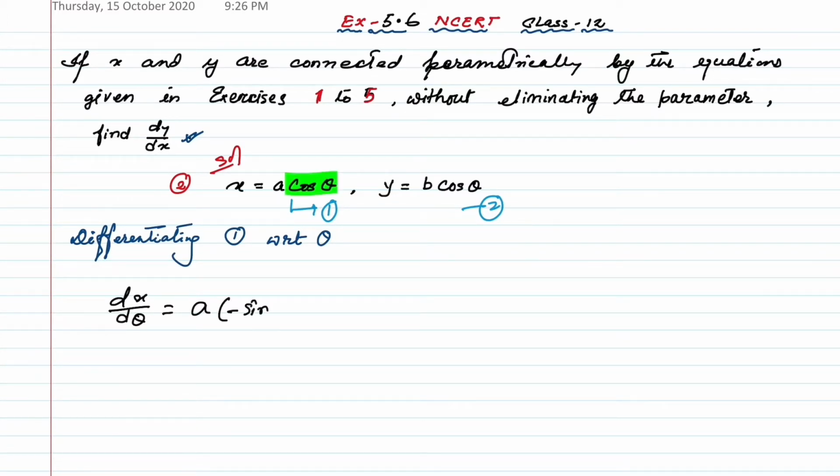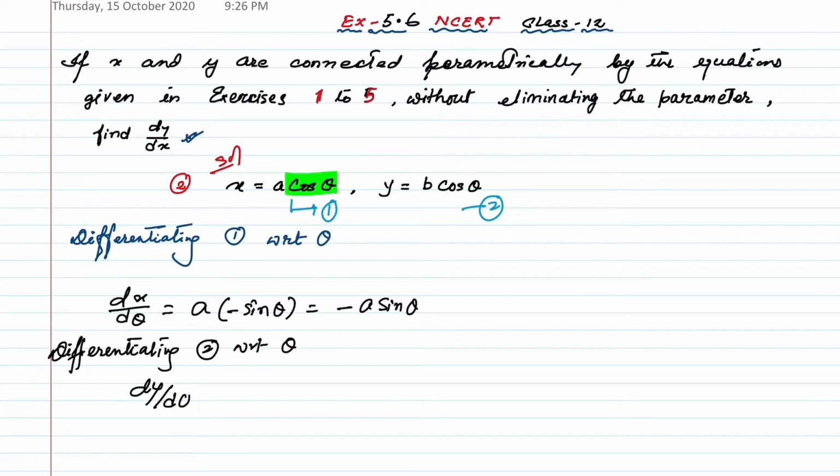So here we will get minus a sin theta. Now let's differentiate equation number 2 with respect to theta again. Then dy by d theta is equal to b times the derivative of cos theta, again minus sin theta. So here we will get minus b sin theta.